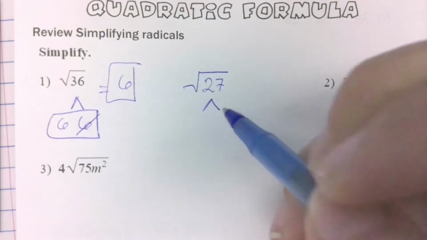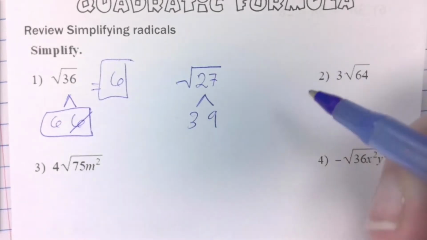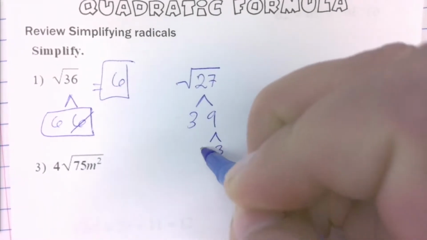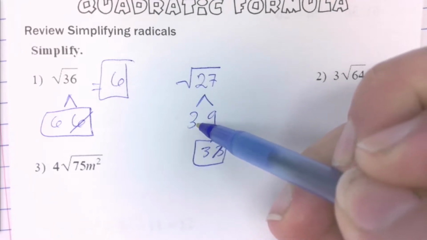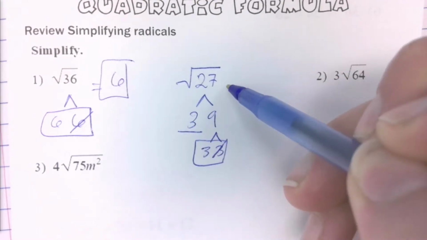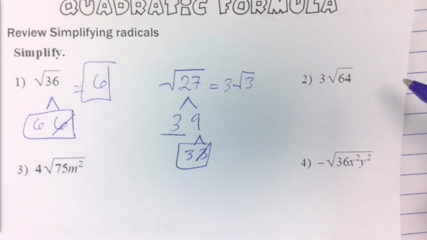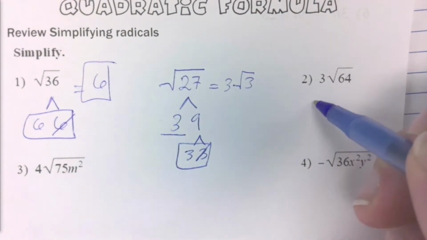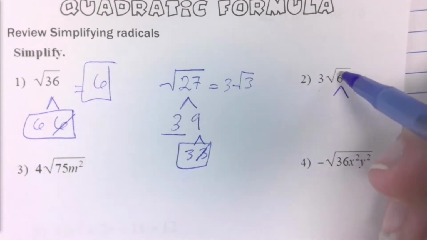Two numbers. I got 3 and 9. Give me two more. Break down the 9 some more. 3 and 3. Okay, so I can take one of the 3's out, but see how I have a leftover? That leftover stuck inside. The 3 is going to stay on the outside. We're going to come to it in a second. Break down that 64.